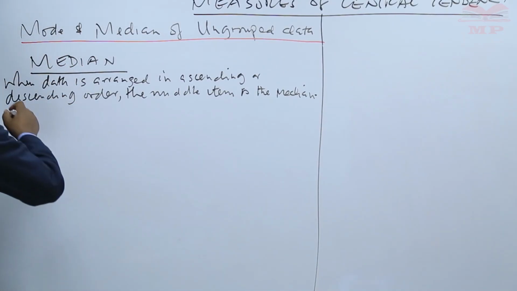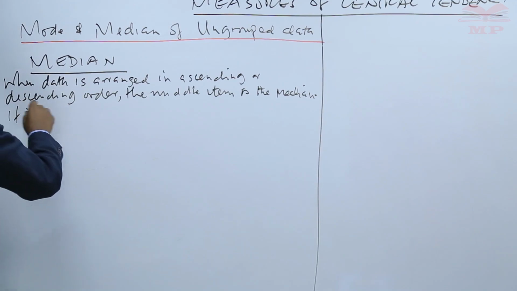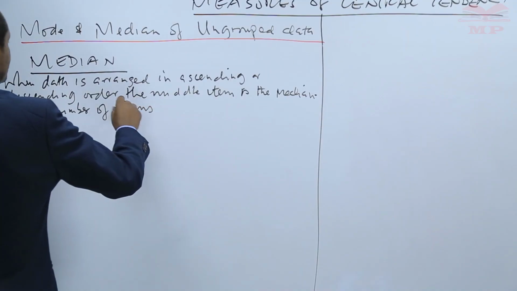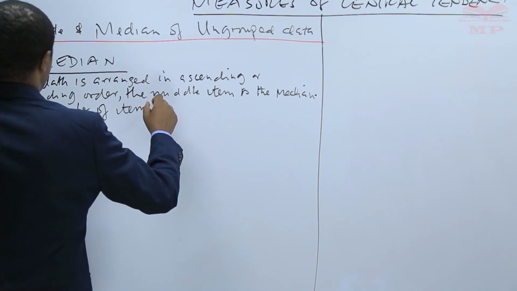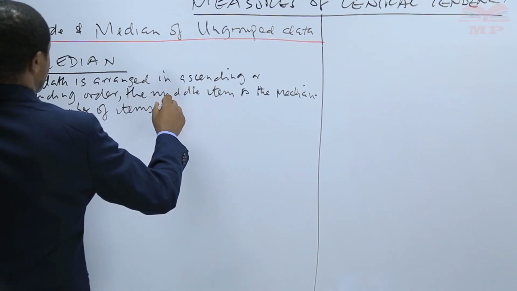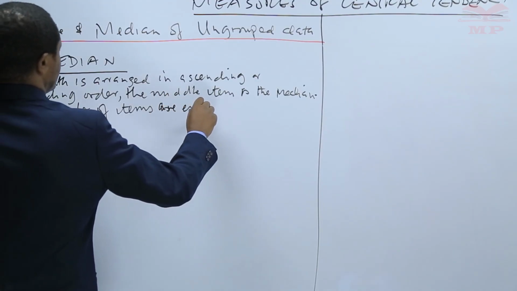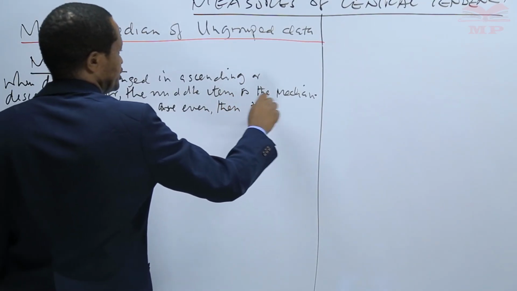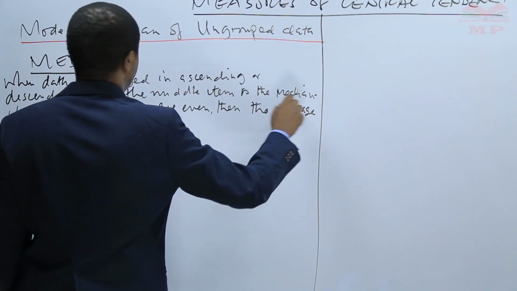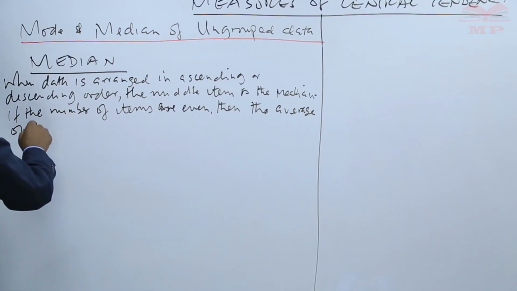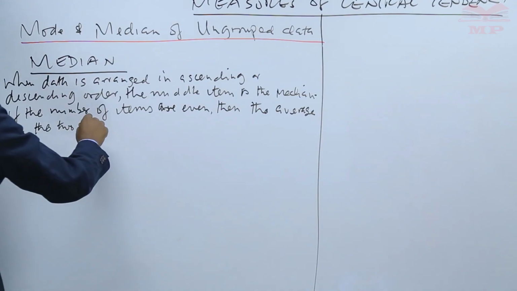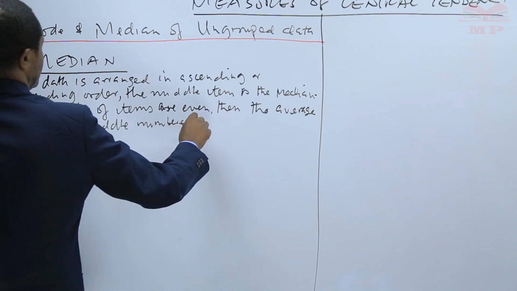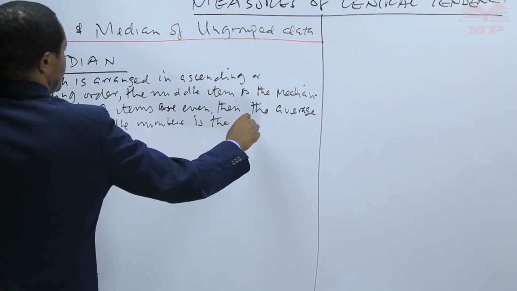In that case, you can write: if the number of items is even, then the average of the two middle numbers is the median.